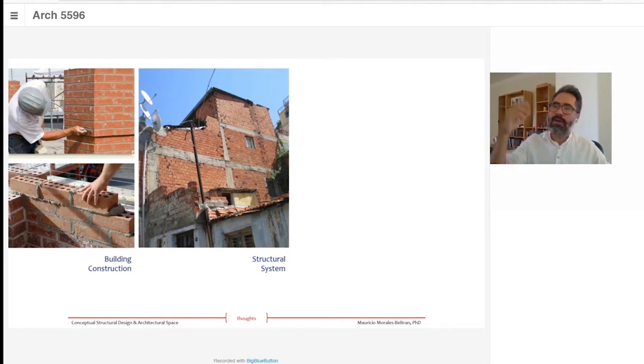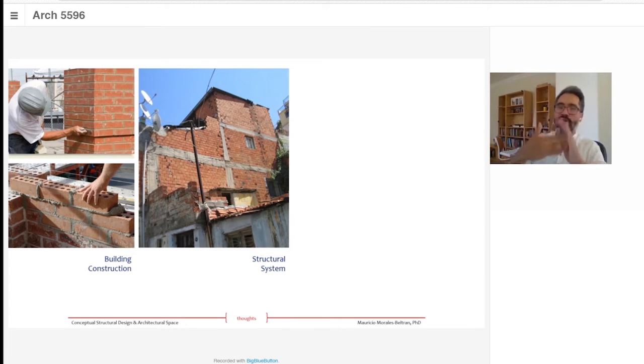But in a structural system, we start looking at this wall as its role in transferring loading. So we start talking about things like, okay, it's a structural wall if it's connected to the reinforced concrete frame, or might be non-structural if these bricks are not connected to the frame.